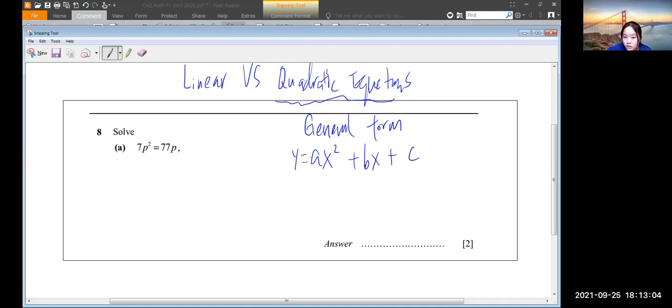This is called a quadratic equation because the power of x is 2. And then of course you need to have an equal sign, therefore it's called a quadratic equation. By the way, what is the difference between this one versus this one?